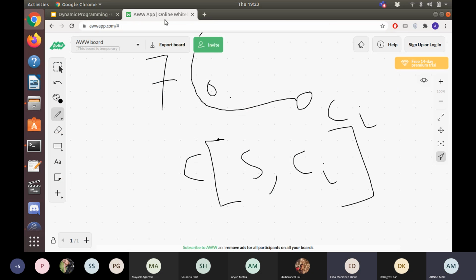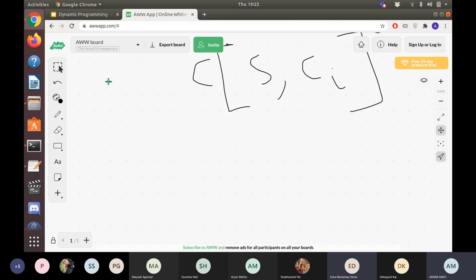So basically what you mean is, let me write it more formally here. S is the whole set C2 to Cn, not the subsets.